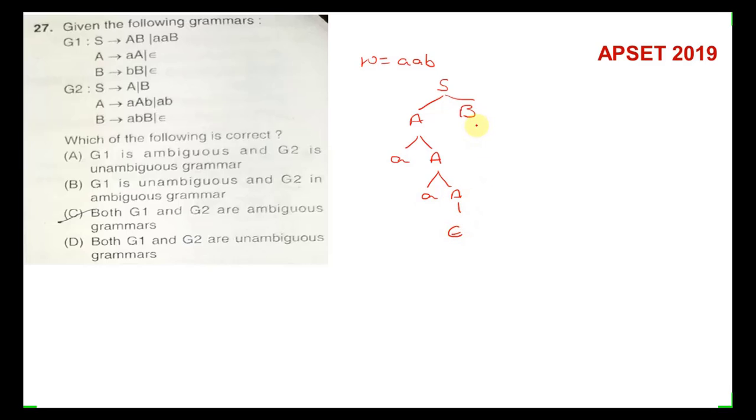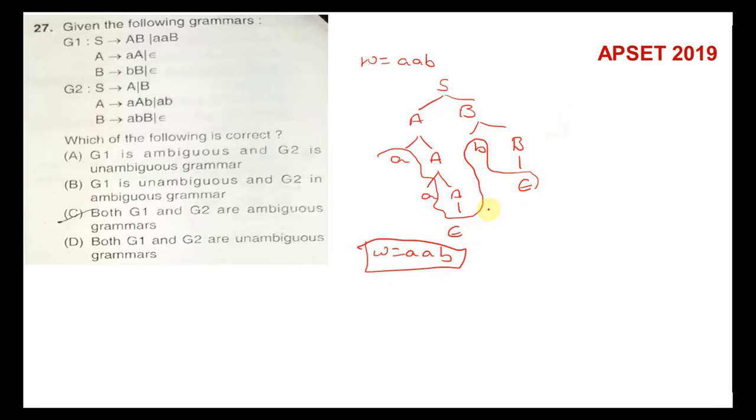And this B is to be expanded by using the production B, and finally this B is to be expanded with epsilon, so that the string is derived here, A and then B, so I got the string W equal to AB.